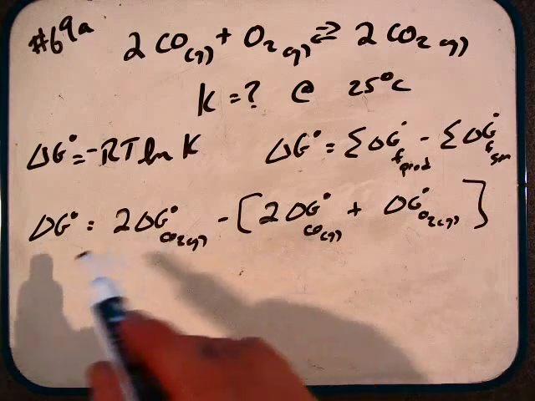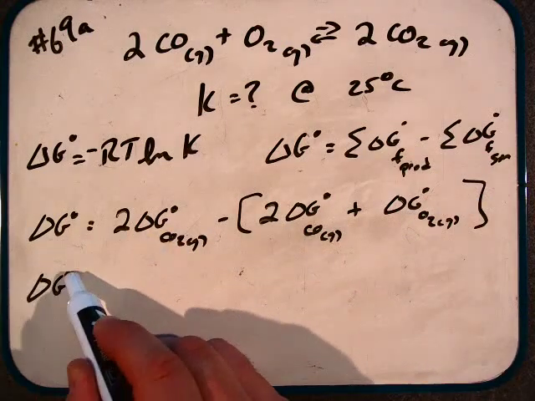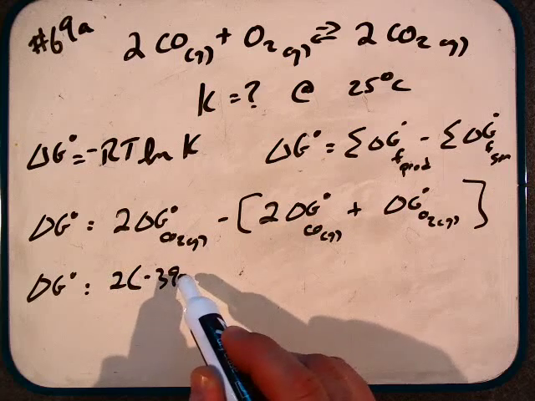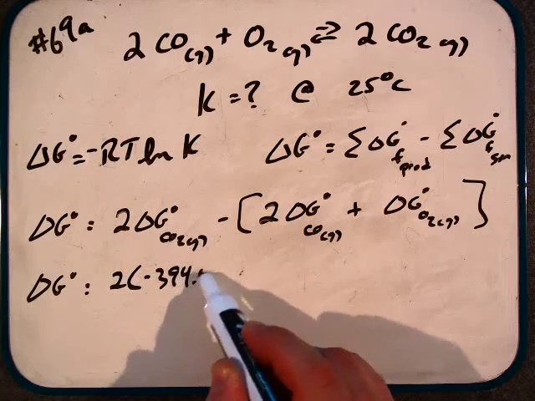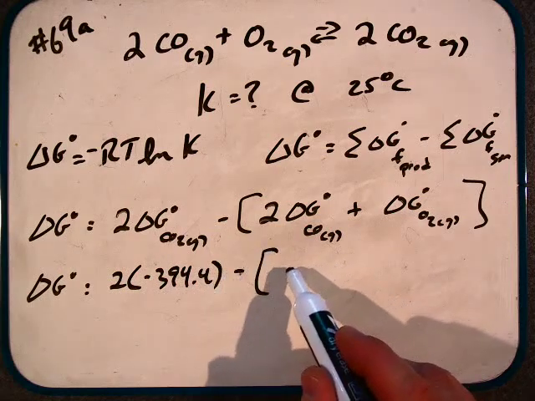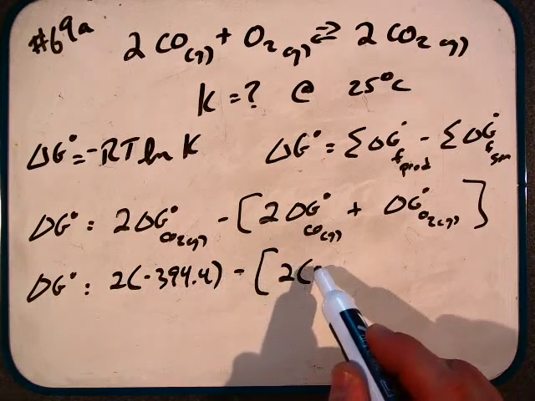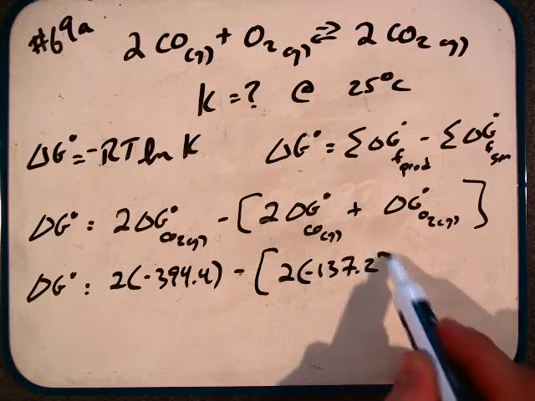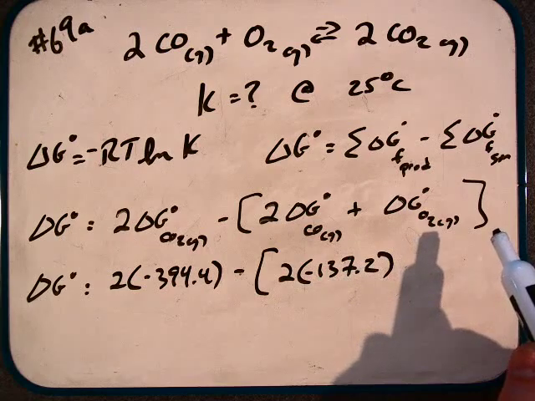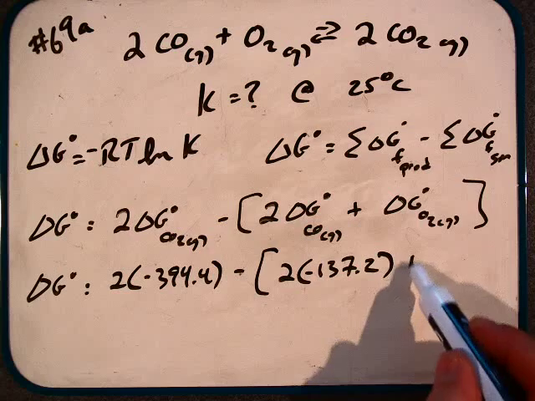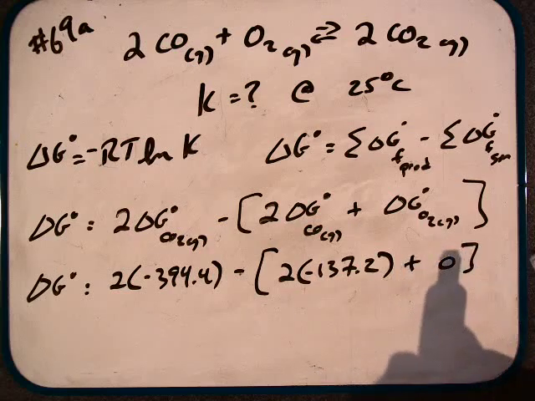Let's start to plug in these values. Our delta G would be equal to 2 times negative 394.4 for our CO2 delta G. Our carbon monoxide would be 2 times negative 137.2. And then our delta G for oxygen, remember, is going to be 0.